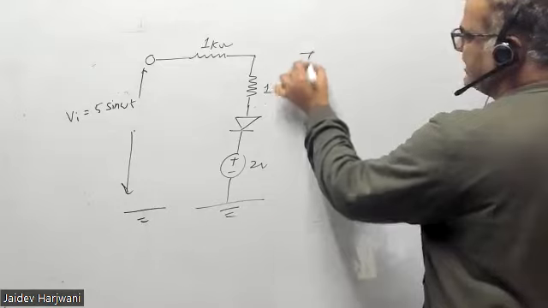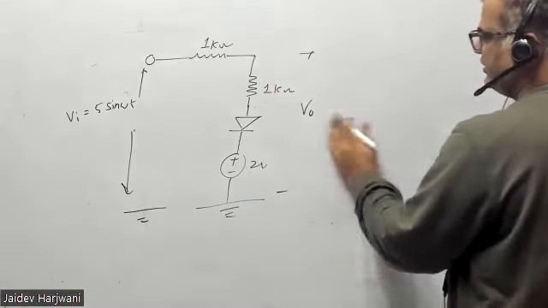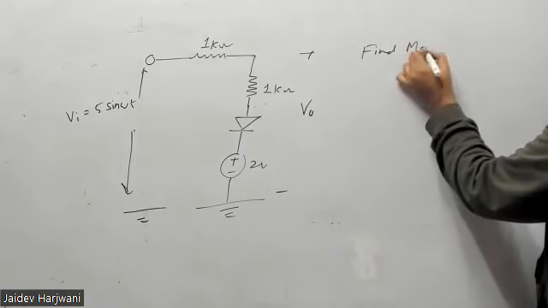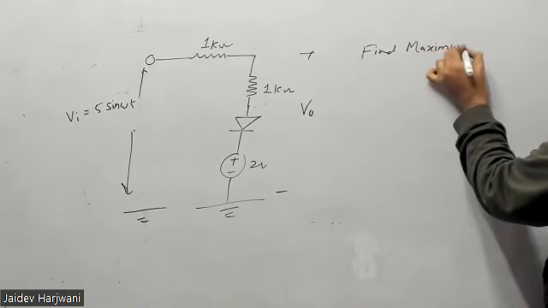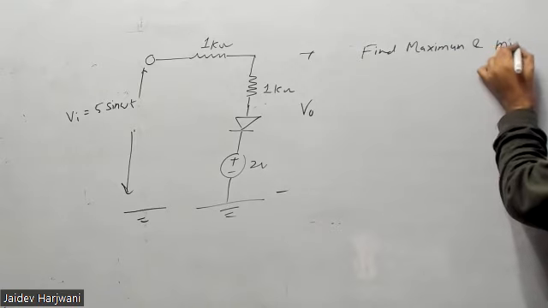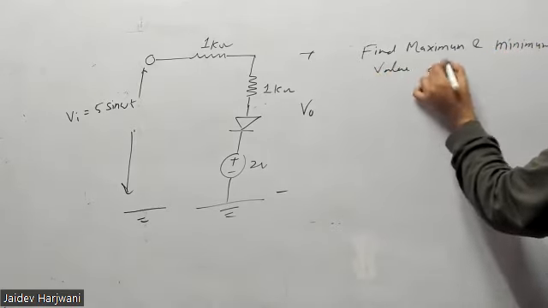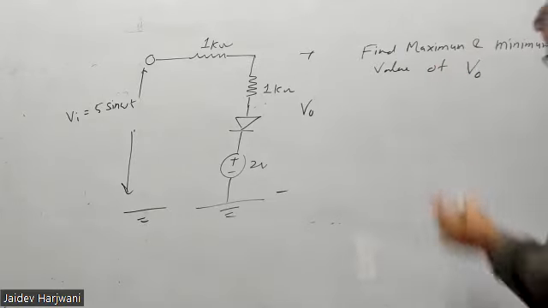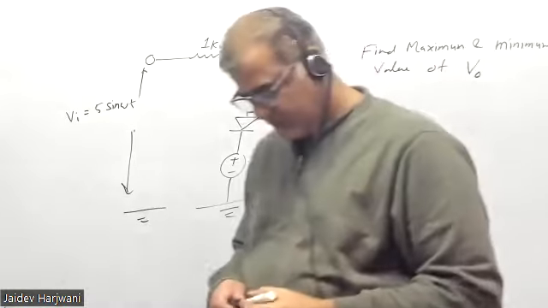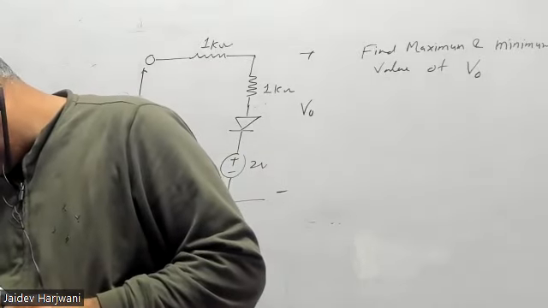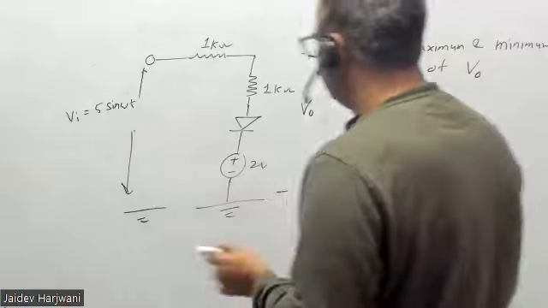Find the maximum and minimum value of V naught, measuring V output here. The diode you can take as silicon.